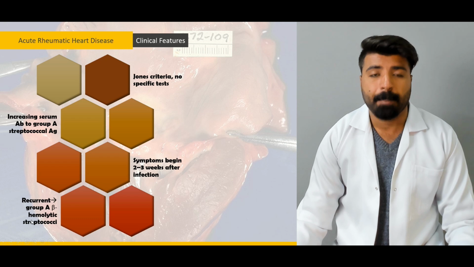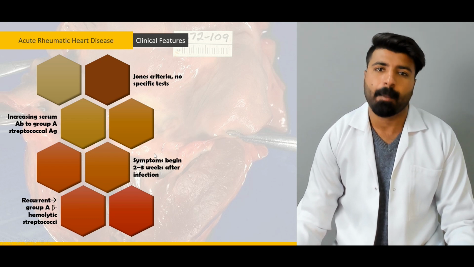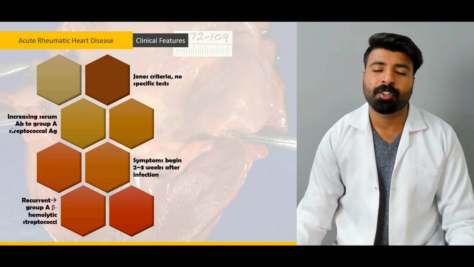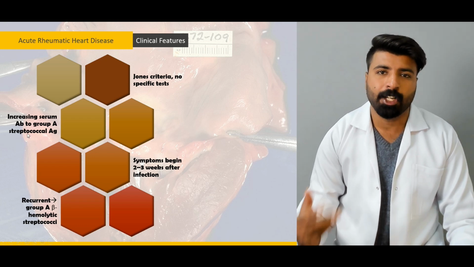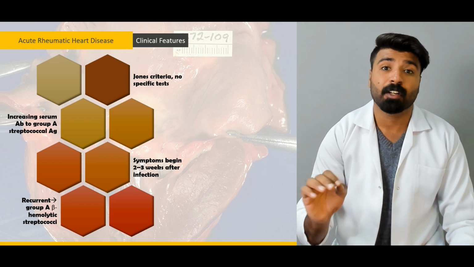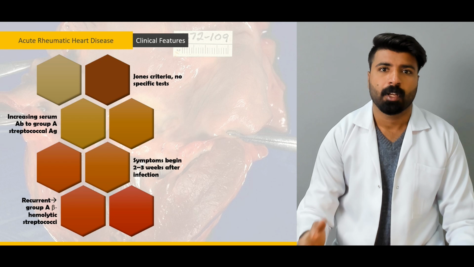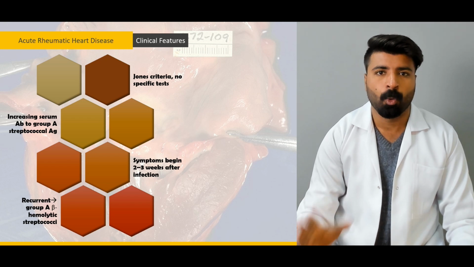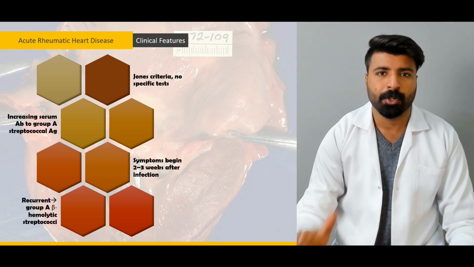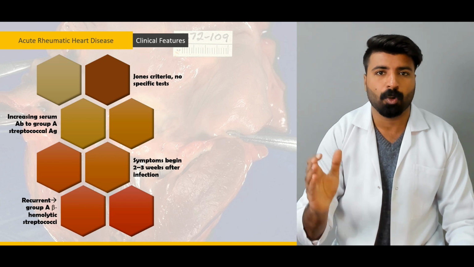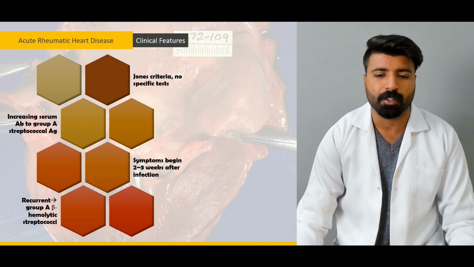And when this happens, after 2 to 3 weeks our symptoms start appearing. And increased serum antibodies to group A streptococci is a marker of infectivity, that this disease is progressing. More antibodies are being produced, they're going to attack the cells, and more pathological consequences will come out of it.